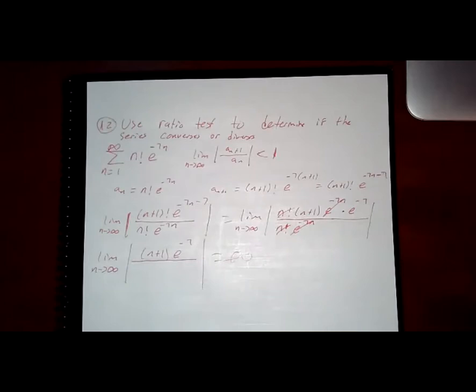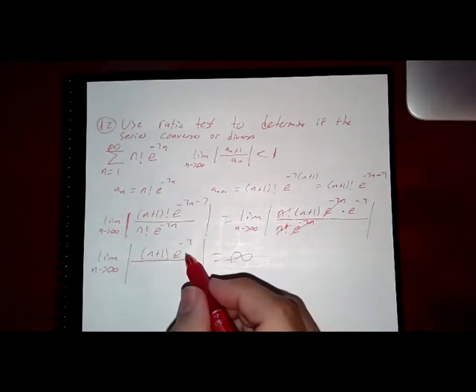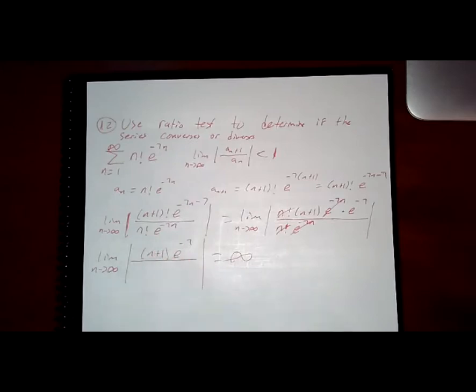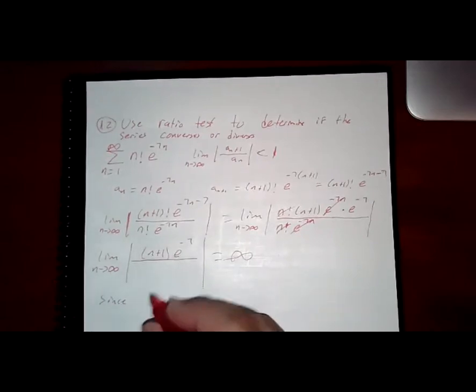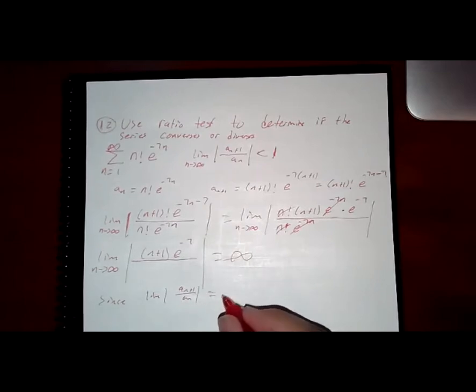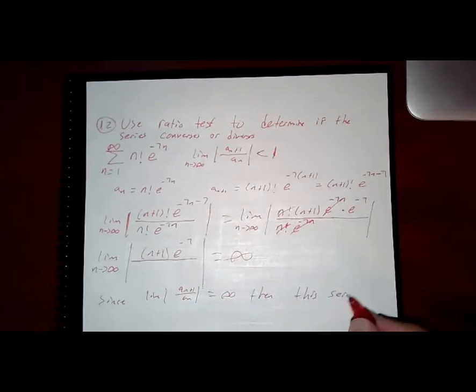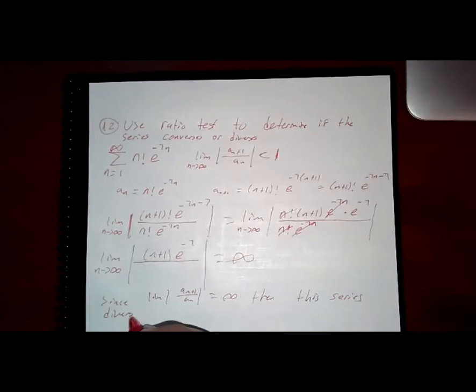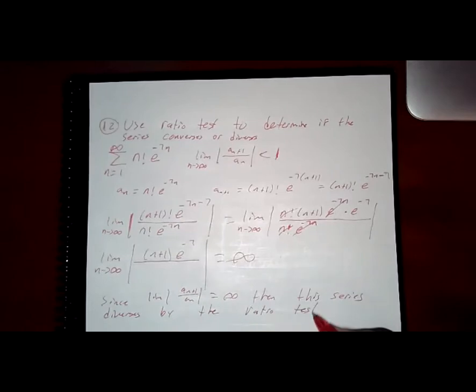Isn't it over e to the 7? Yeah, it doesn't matter because it's just a number. Okay. Yeah, you can pull this guy down there, right? But n will keep growing forever. So since the limit of a_(n+1) over a_n is equal to infinity, this series diverges by the ratio test.